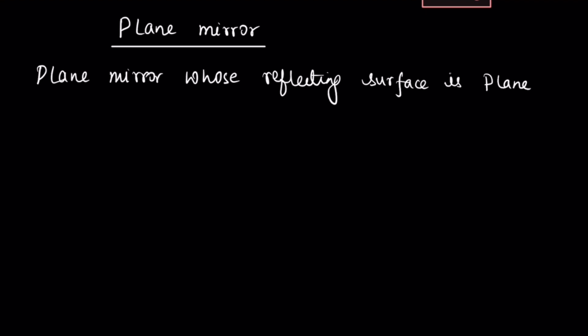So basically a plane mirror is like a plane surface, where one side is reflecting and one side is non-reflecting.